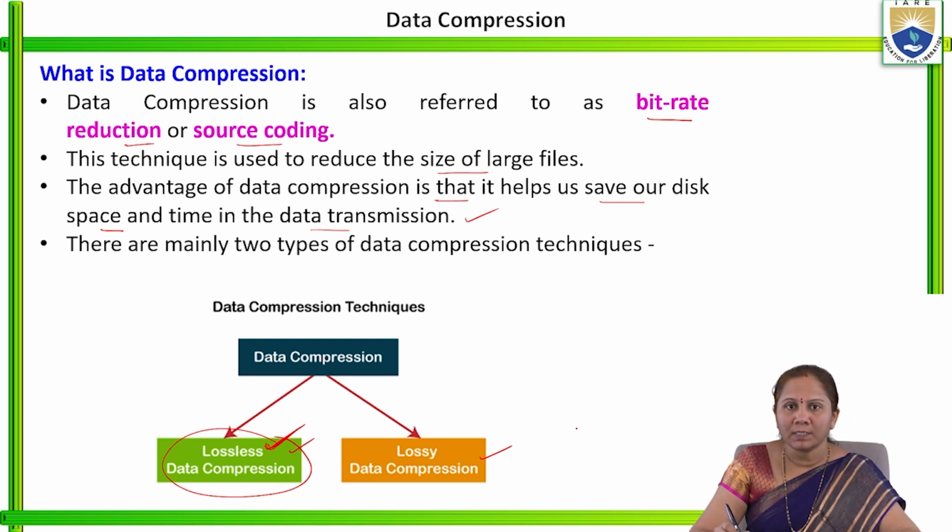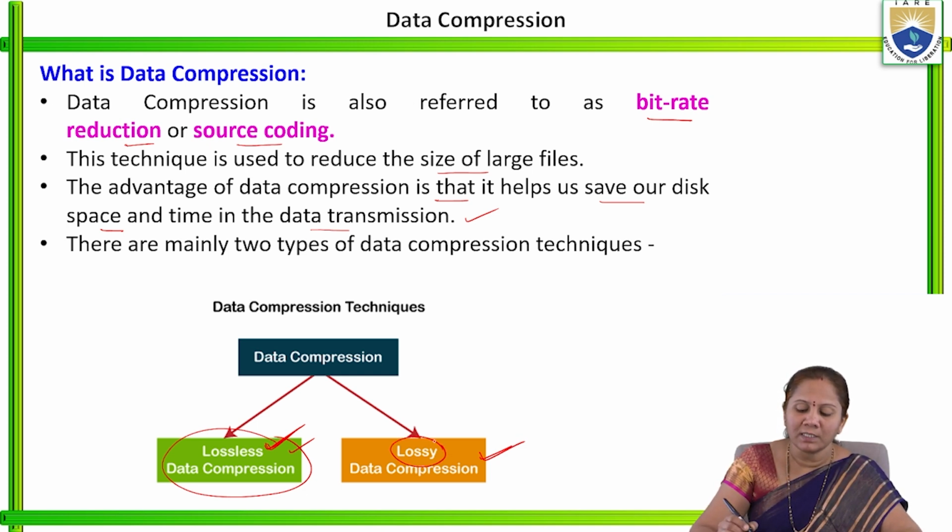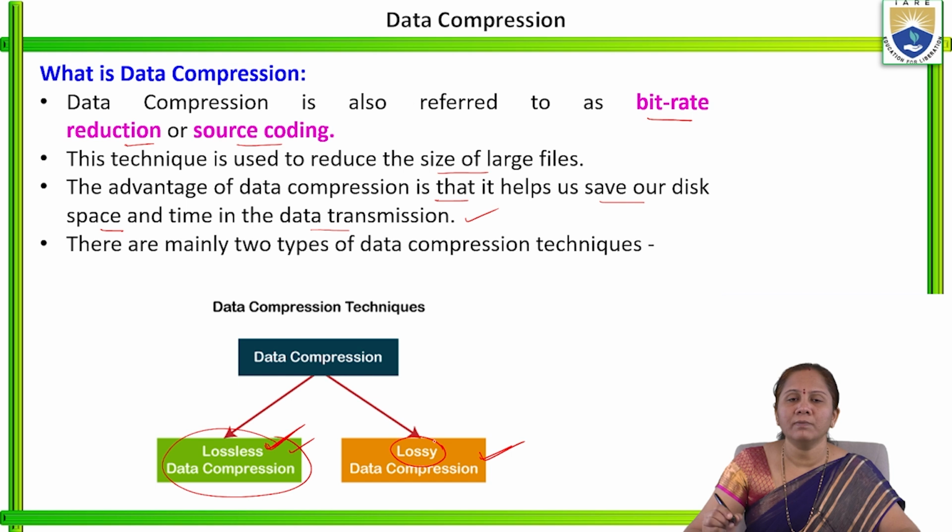Now coming to the second technique, lossy data compression. The name itself says lossy, meaning there will be some loss of information. After performing this type of compression, the image we get at the output will not be the same as the original image.